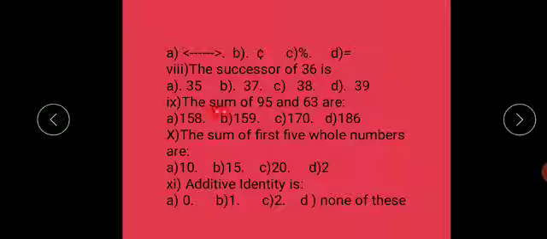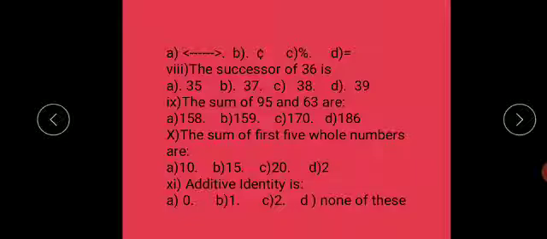Ninth part: the sum of 95 and 63 is 158, 159, 170 or 186. Tenth part: the sum of first 5 whole numbers is 10, 15, 22.